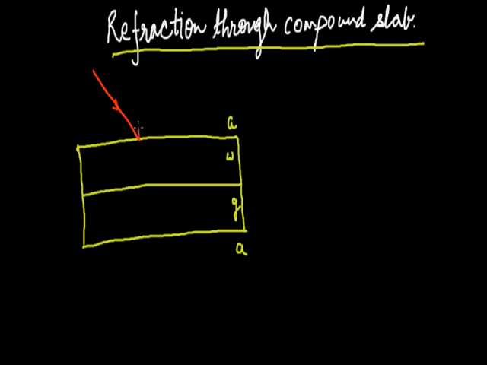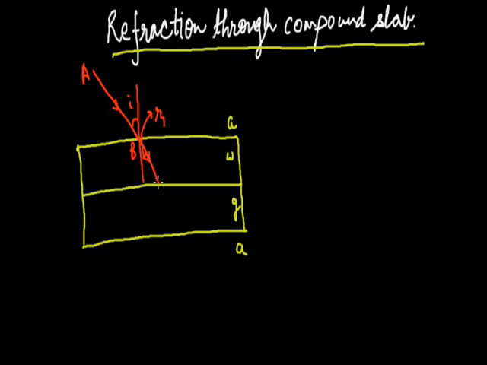When it falls on the interface, this ray, say AB, just bends towards the normal, as the water is a denser medium than the air. Let the incidence angle be I and the refracted angle be R1.